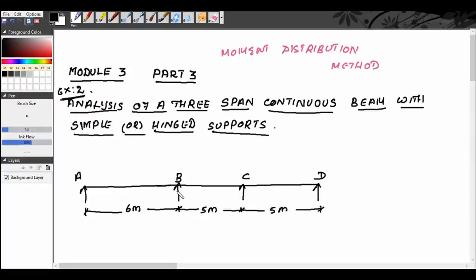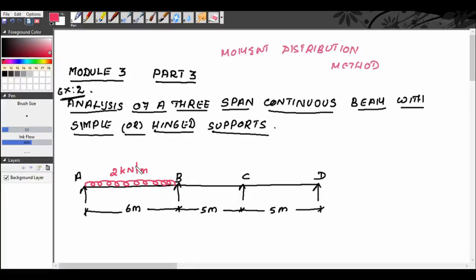Now the extreme supports, that is the end supports A and D, are simple supports, and the supports B and C are simple supports, intermediate supports. Now in the span AB we have a UDL of 2 kilonewton per meter over the span AB.